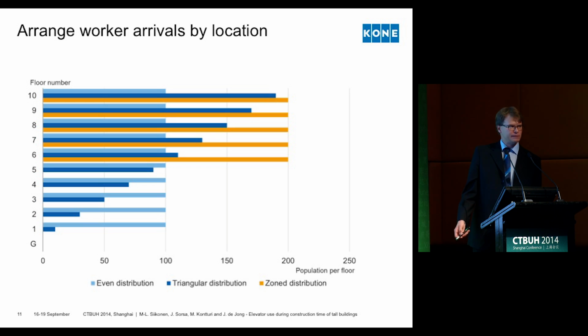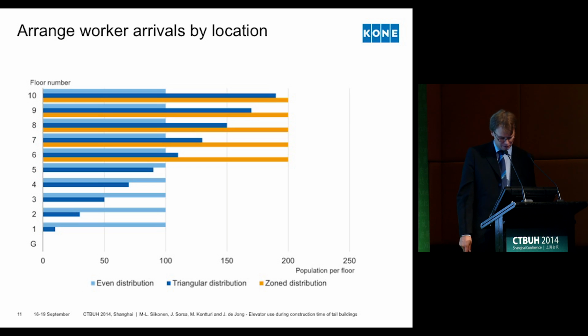So in the case of even distribution, there are 100 workers on each floor, and then in this zone distribution there are 200 workers on each floor, but only on the 5 topmost floors in this case. And then this triangular distribution is such that the number of workers increases linearly towards the top of the building.